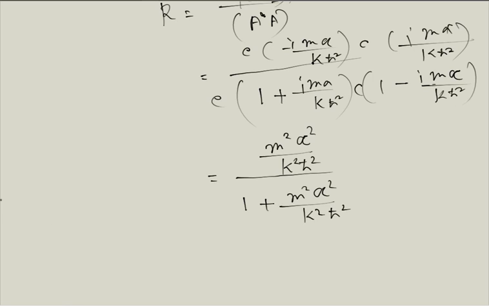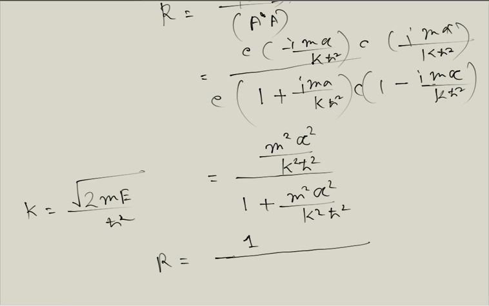Writing k in terms of E, k was equal to the square root of 2mE divided by h bar square. We will get the reflection coefficient, and making the leading term unity, we will get 1 plus 2 h bar square E over m alpha square.